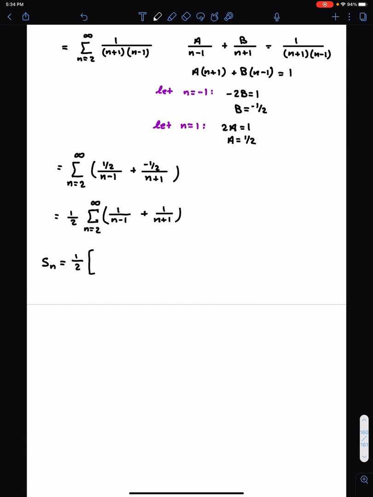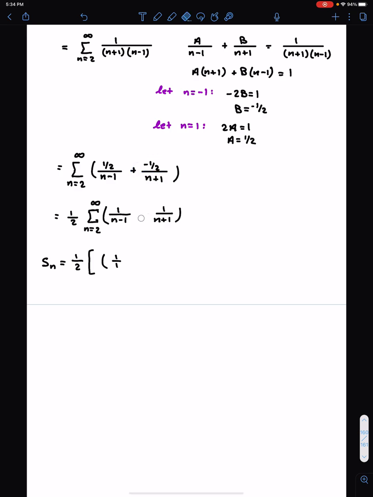When n is 2, I have 1 over 1. There's a typo on the previous line. This plus a negative a half is right. This positive should be a negative.